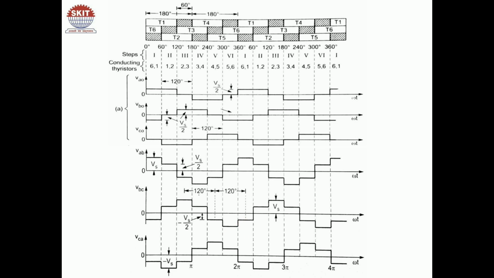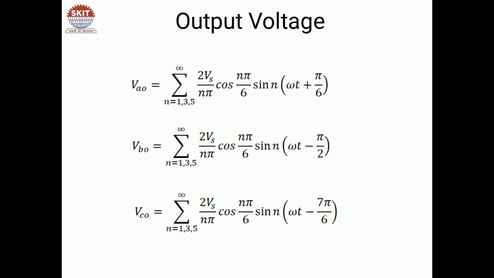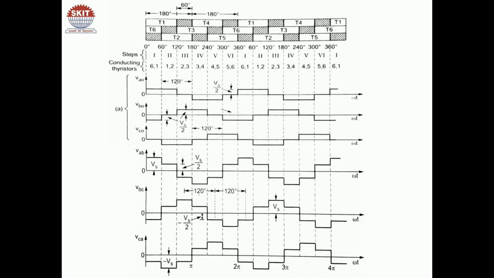So this is repeated, and before this point, these waveforms are repeated on this side. So these are the waveforms of line voltage VBC.